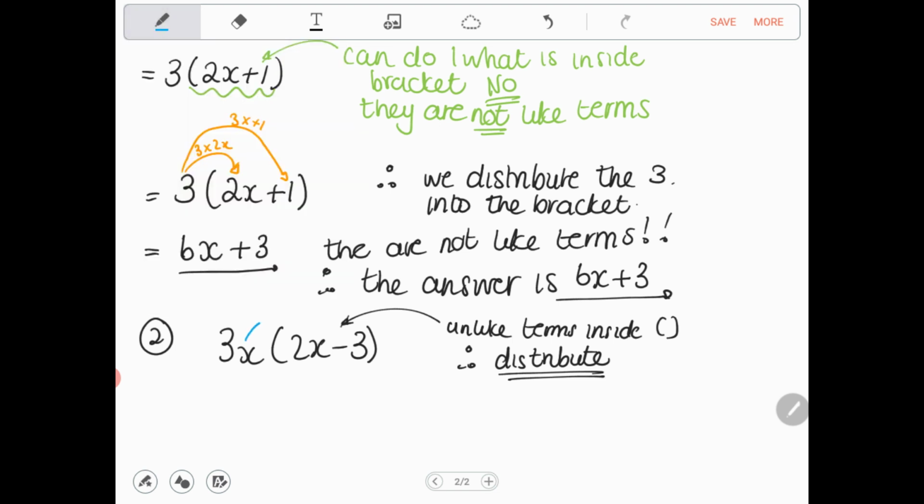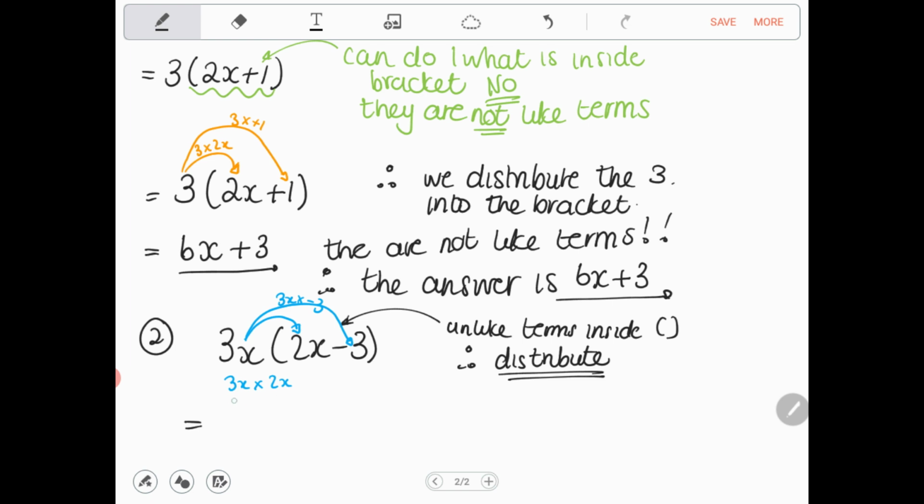This will get multiplied by that, and this will get multiplied by that. My first one is 3x times 2x, and my next one is 3x times negative 3.